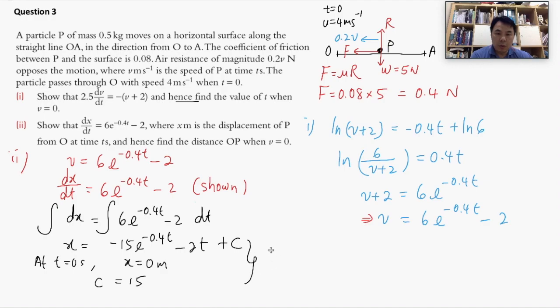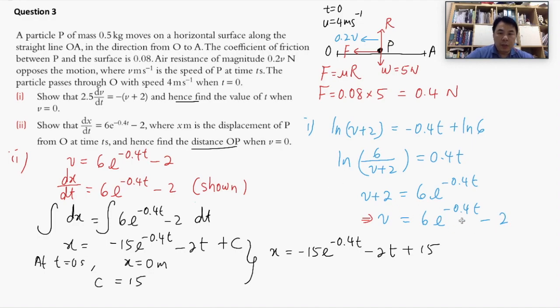Therefore, we can conclude that the displacement equation is given as negative 15e^(-0.4t) minus 2t plus 15. So we need to find the distance OP when v is equal to 0.